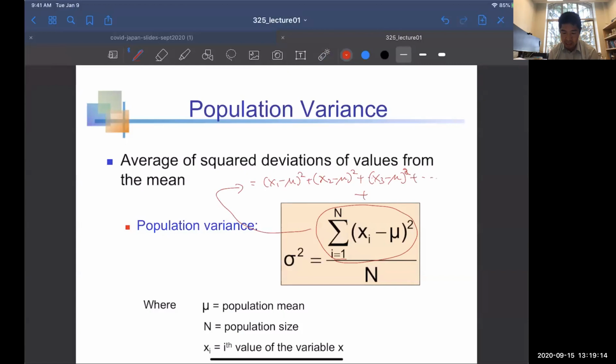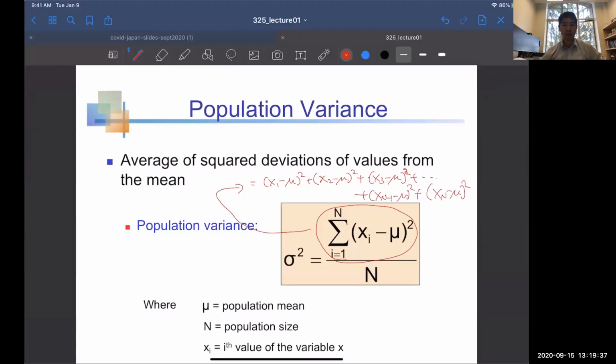So you've got n different observations: x_n minus 1 minus mu squared, plus x_n minus mu squared. Often in computer programming, you're going to do computation like that, summing up across different observations.